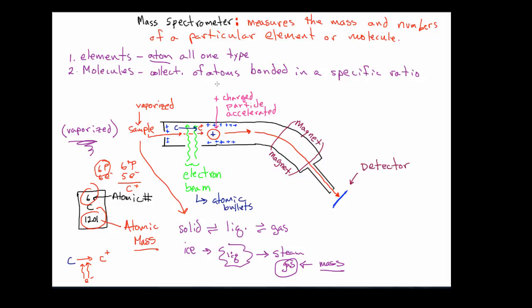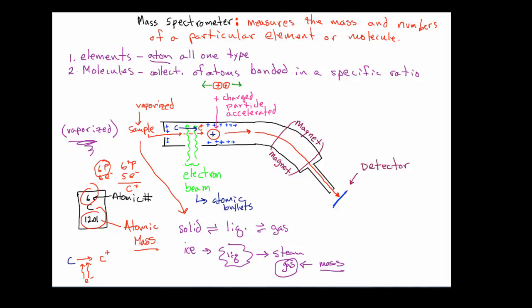Remember your physics, because anytime you've got 2 charges that are the same, those charges are mutually repulsed from one another. So once the particle, and this holds for the molecules as well, once the molecule or once the atom has a positive charge on it, it's going to be repulsed and accelerated down this hallway. All right, accelerated down the hallway, which is another way of saying that it's going to be sped up, made to go faster.